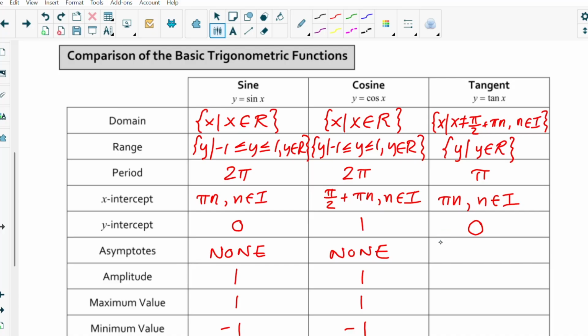The asymptotes occur at x equals pi over 2 plus pi n, where n is an element of the integers. Amplitude, there is none in a tangent function. Max value, none. Min value, none.